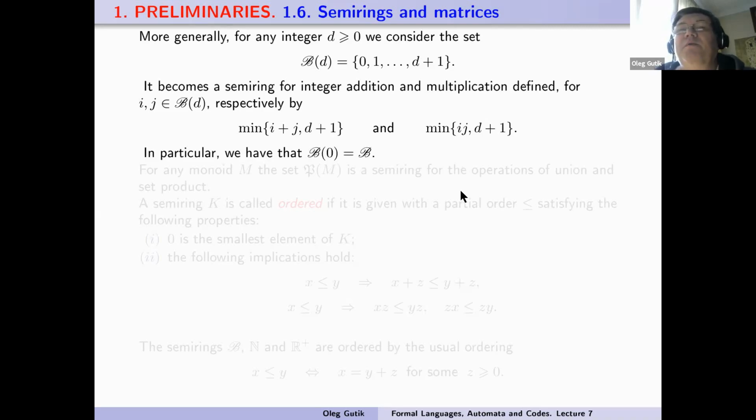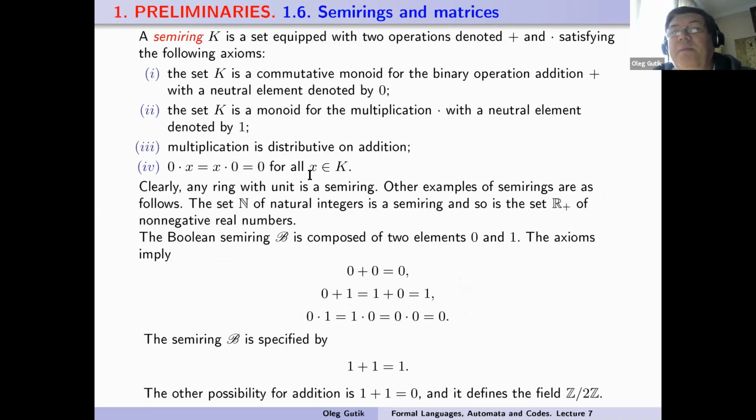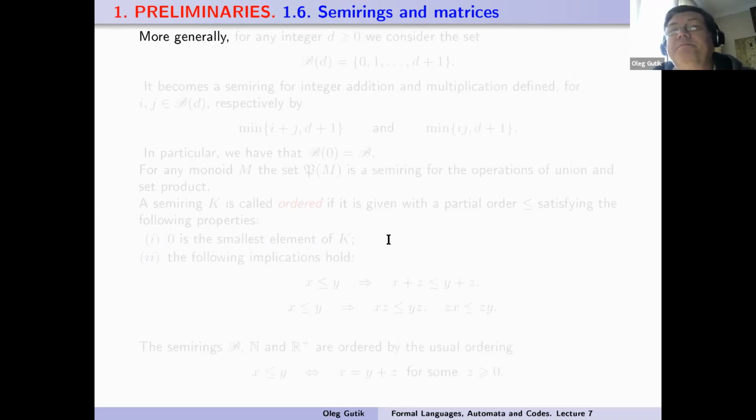In particular, B_0 is the Boolean semiring, which was defined before.